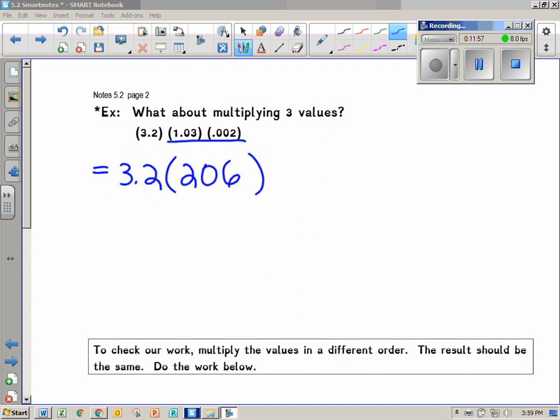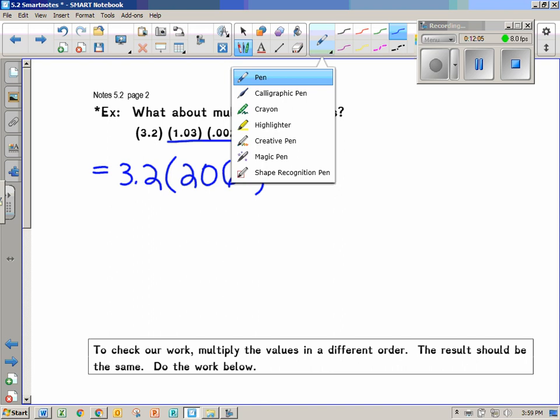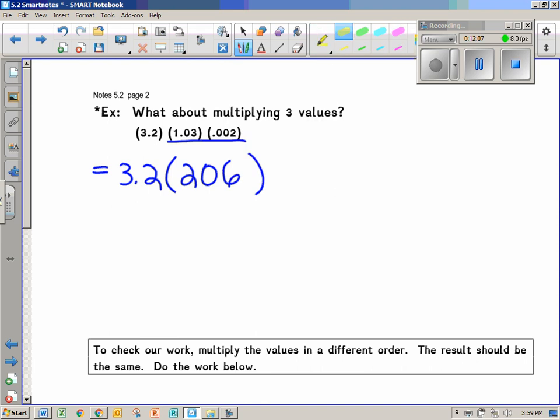But then I have to put my decimal in the right place. And when I count right there, I've got 2 places here to the right and 3 places here to the right. So that's 5 places.